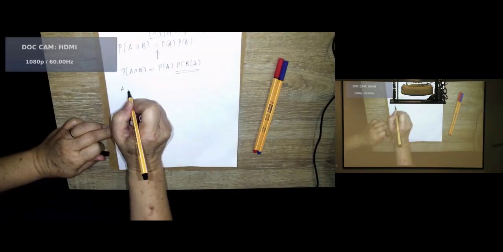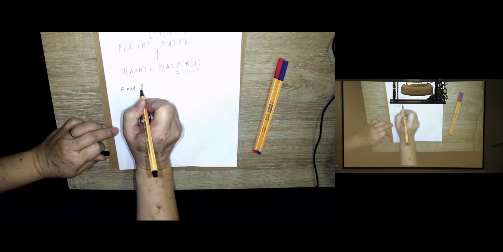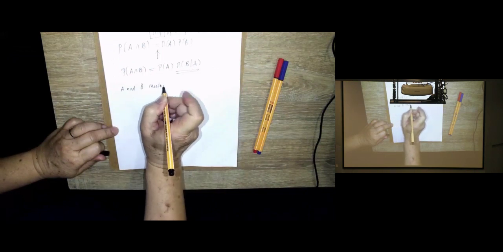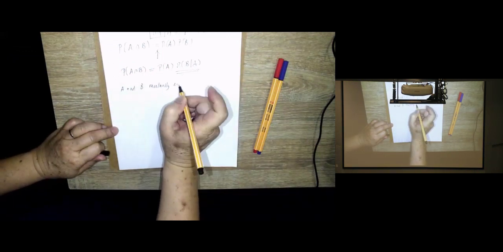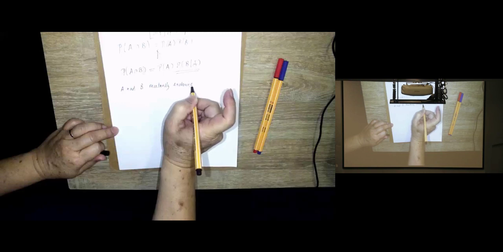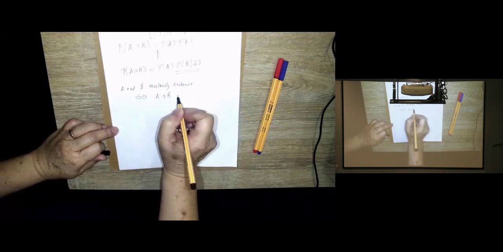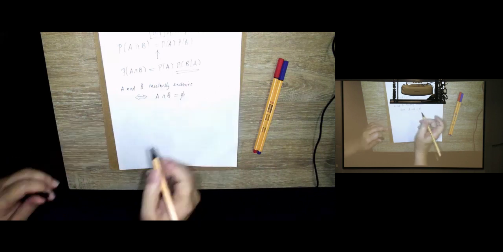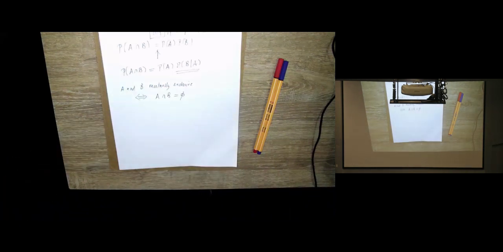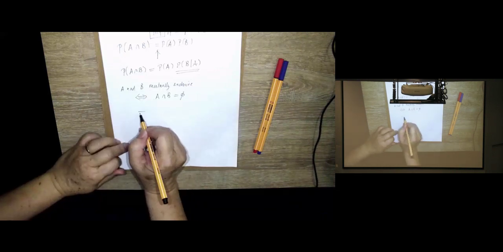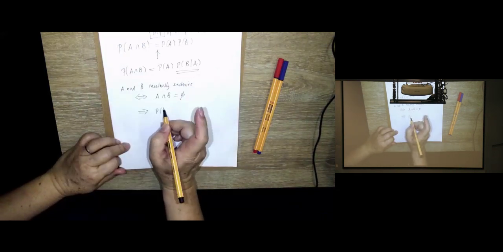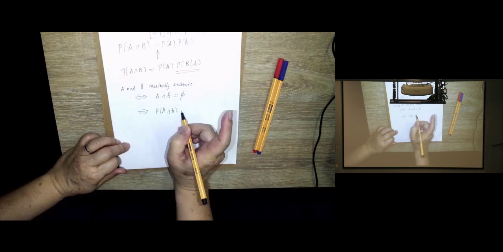A and B are mutually exclusive if and only if A intersect B is equal to the empty set. All right, so this is the meaning of this. But if they are the empty set, it will imply that the probability of A intersect B would be 0.